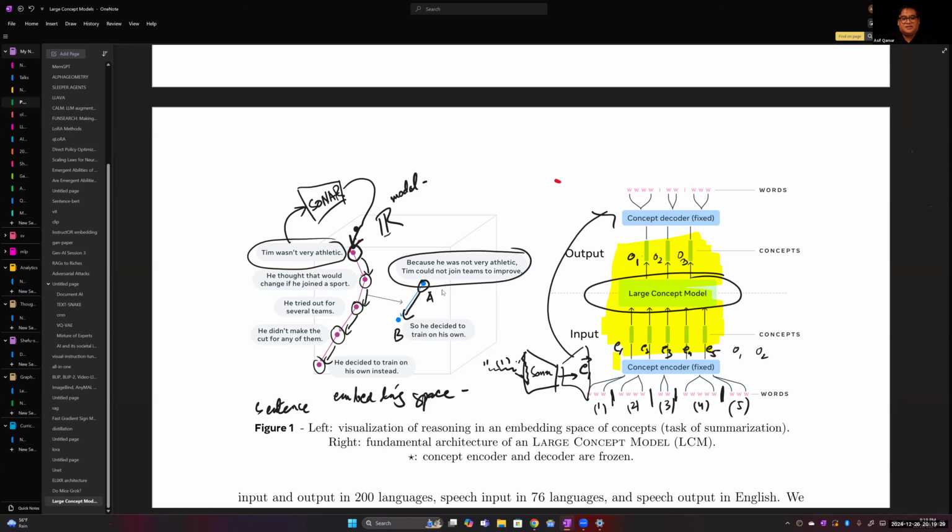But a sentence, whether it says Tim wasn't very athletic, maybe that would be our generation saying, well, Tim wasn't very athletic. And a younger kid saying, oh gosh, Tim sucks at athletics. Nevertheless, both of those two sentences would map to the same embedding in the embedding space, to the same vector, hopefully, or similar, not the same, but proximal vectors in the embedding space.